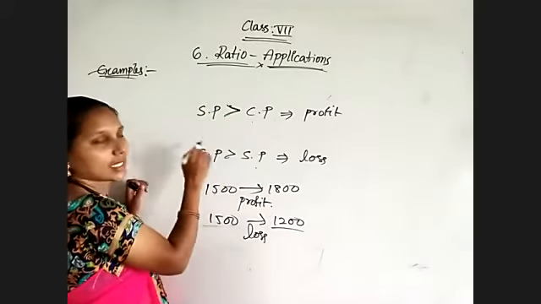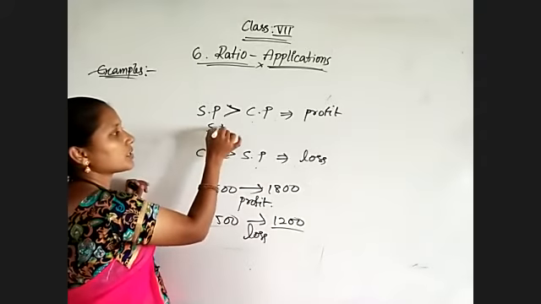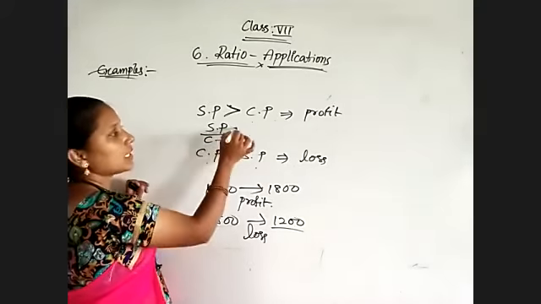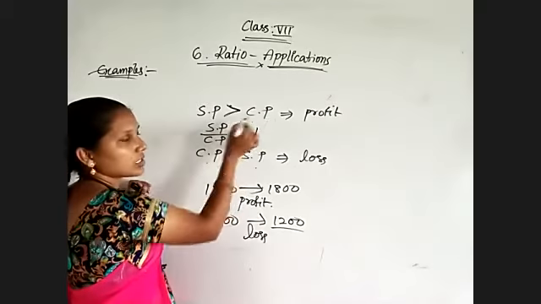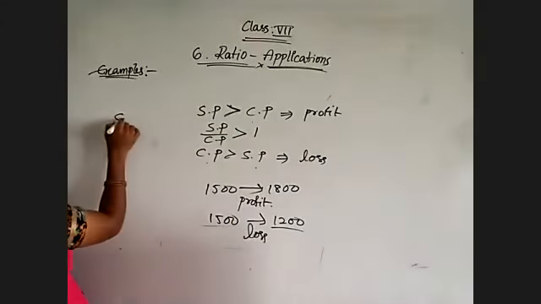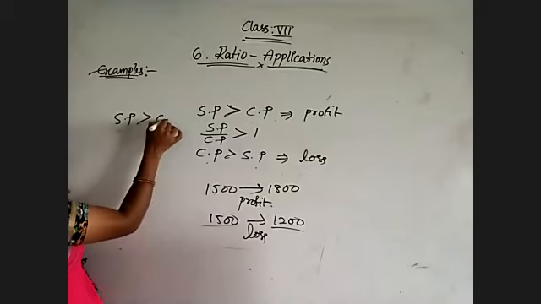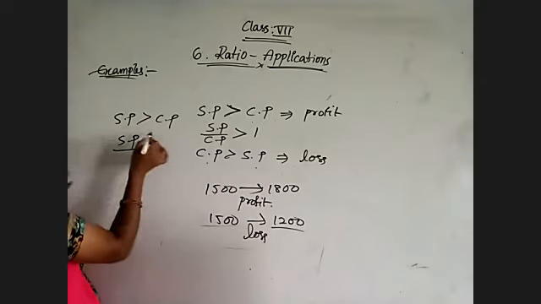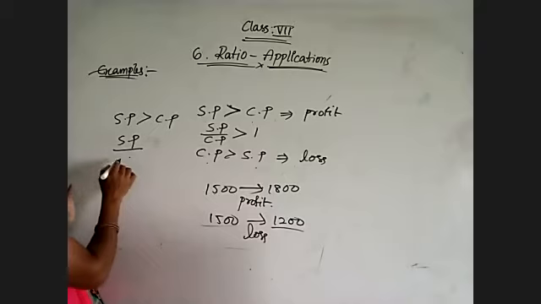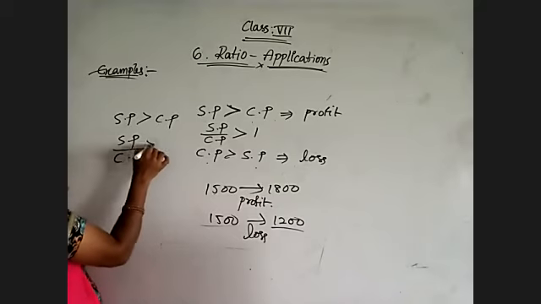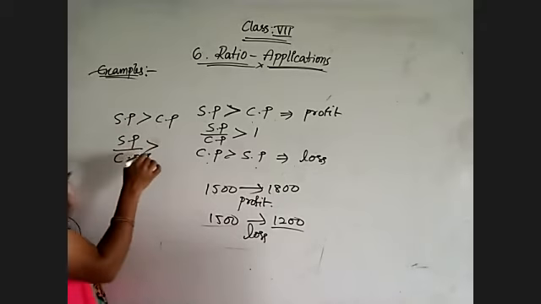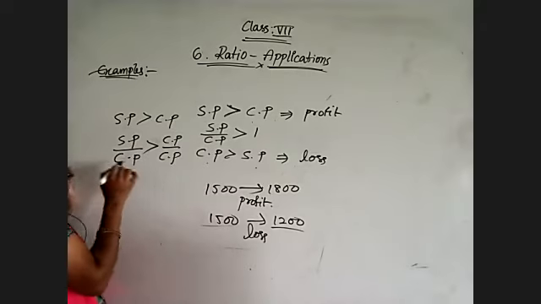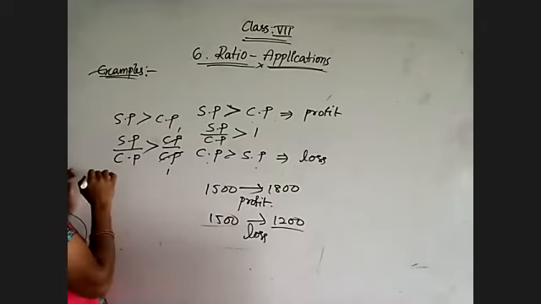If it is given indirectly, for suppose the ratio of SP and CP, SP by CP is more than 1. How did we get this condition? Just observe: SP is greater than CP is given, and divide both sides by CP. The greater than symbol remains, CP by CP on the right side gets cancelled, and 1 remains.